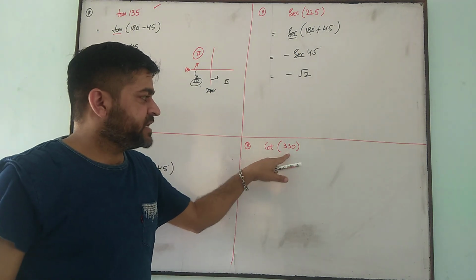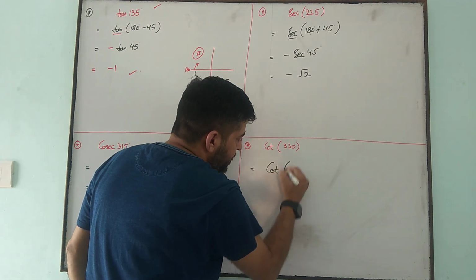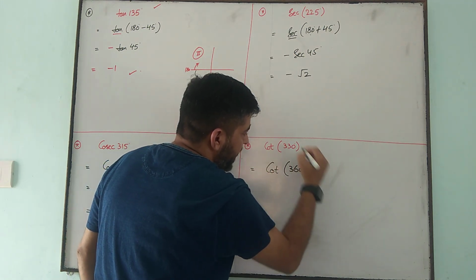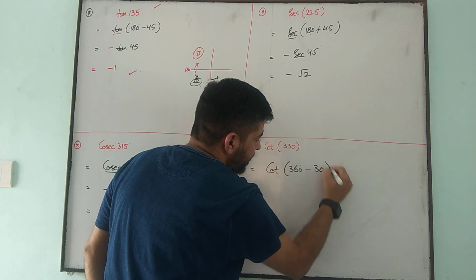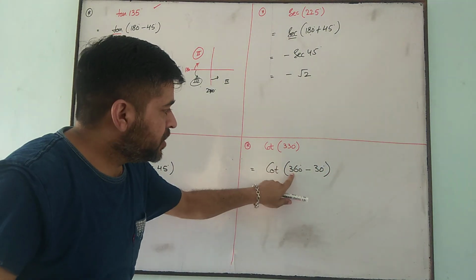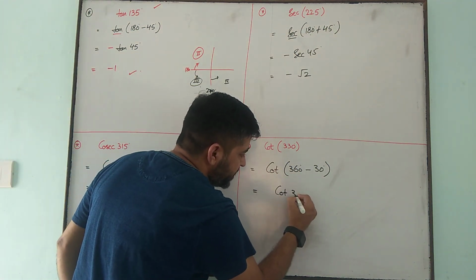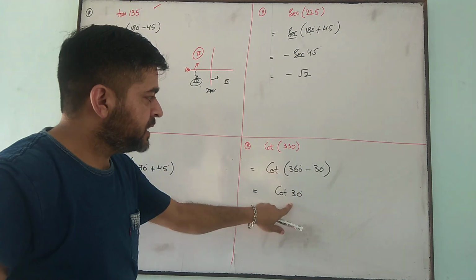Next is cotangent 330. Cotangent 330 we can write as 360 minus 30. Now with 360 there is no change in the trigonometric function. Cotangent theta, theta is 30.